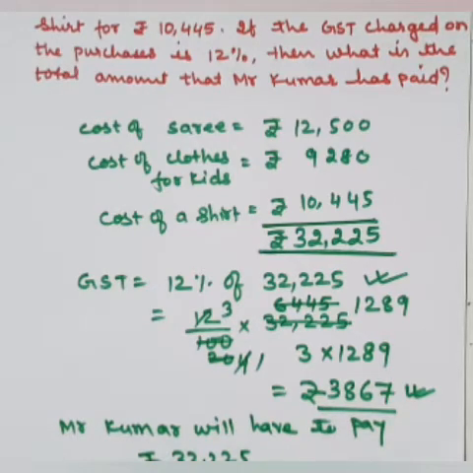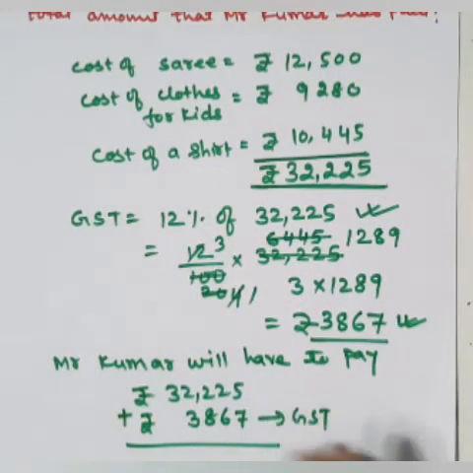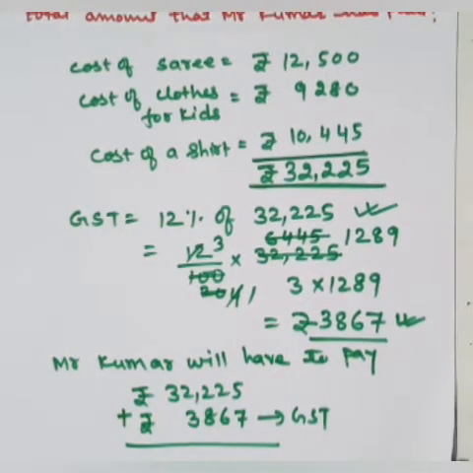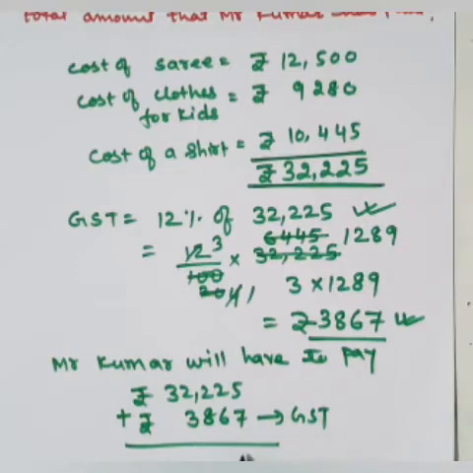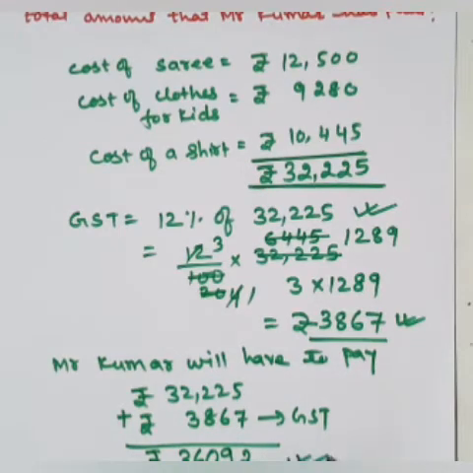So add it so that we can say how much amount Mr. Kumar has to pay to the shopkeeper. 7 plus 5 is 12, 1, 7 and 2, 9, 8 and 2, 10, 0, 1, 4 and 2, 6 and 3. So, Mr. Kumar has to pay 36,092 rupees. This is the amount Mr. Kumar has to pay.